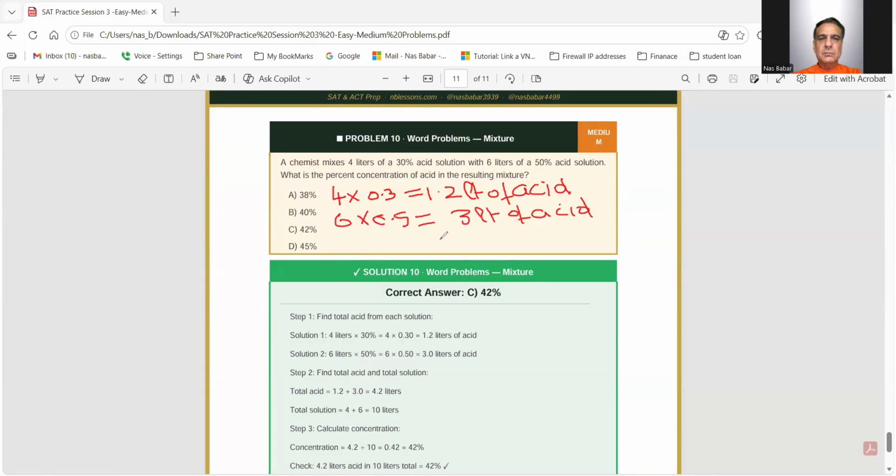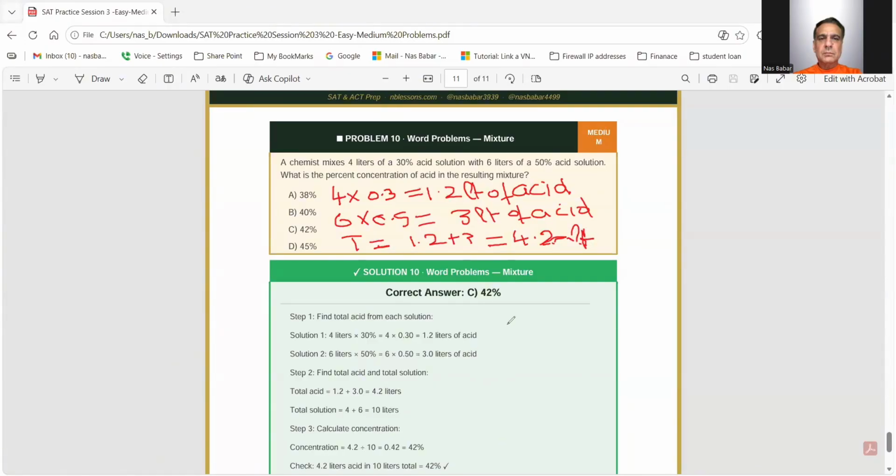So we have already found that 1.2 plus 3. So basically the total acid in the solution is 1.2 plus 3, which is equal to 4.2 liters, right? Pretty straightforward right here.